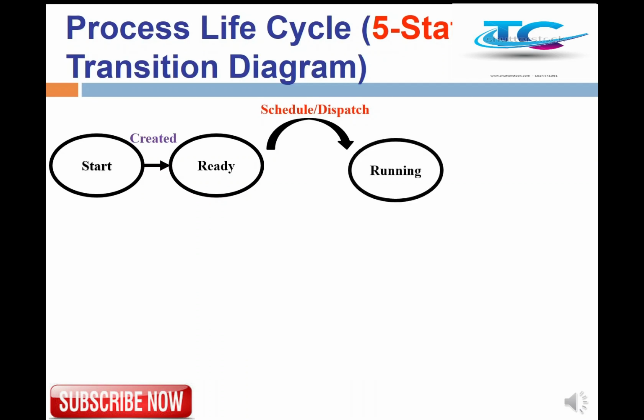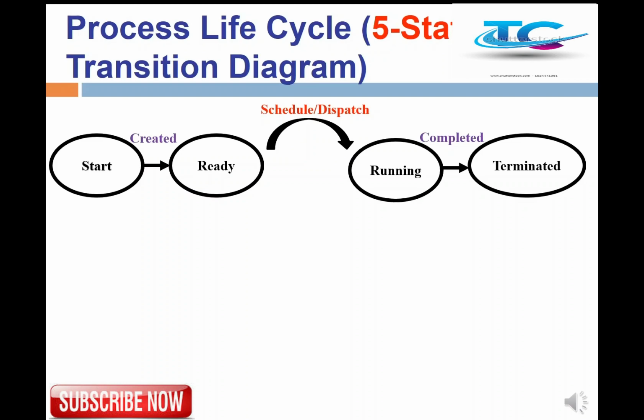The process is chosen by the CPU for execution, and the instructions within the process are executed. If everything goes fine and smooth, then the process finishes its execution and it is terminated by the operating system.